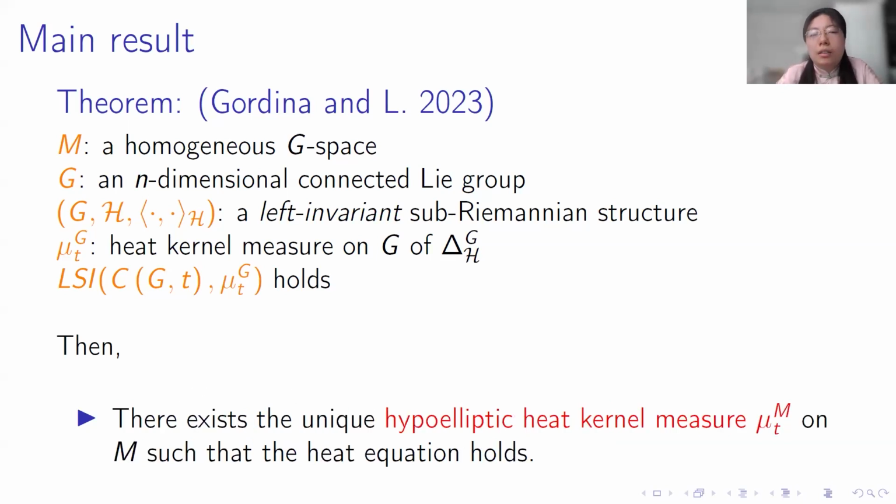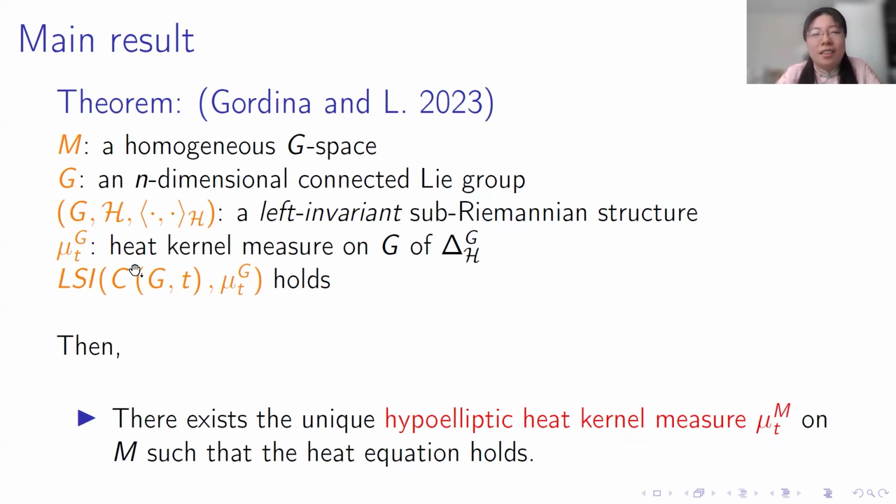Second, induced by the action of G, there is a hypoelliptic heat kernel measure mu_T of M on the homogeneous space M, such that the heat equation holds. We proved its existence, but later we realized you can also get the uniqueness of this heat kernel measure.